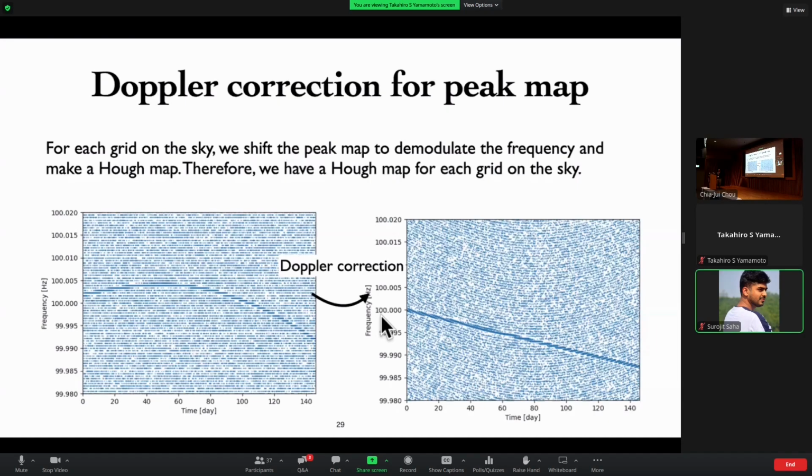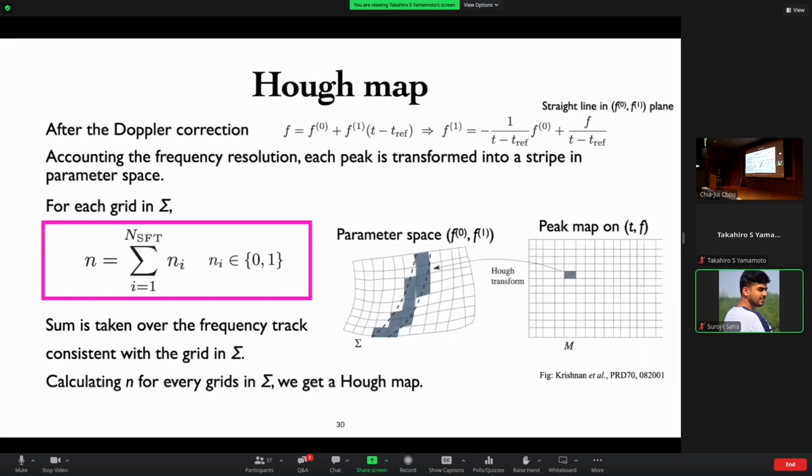Because in this plot, we just assume that the signal has F0 and F1. So after correcting the Doppler modulation, we get this kind of frequency evolution, just linear, and we can translate it into a relation between F0 and F1.